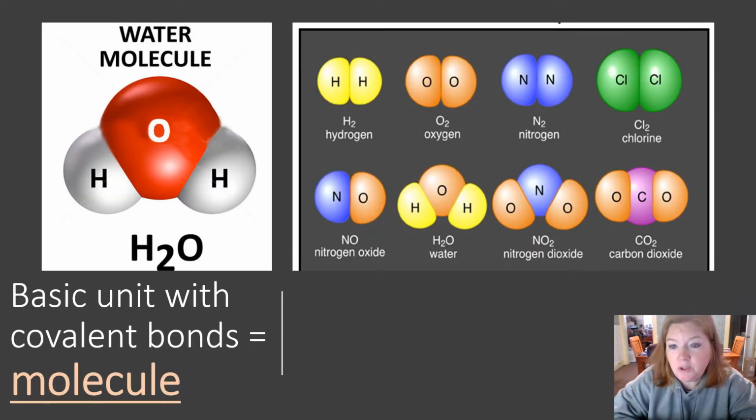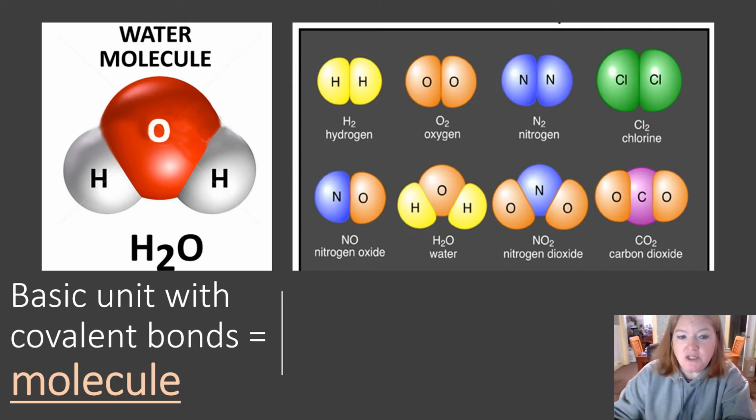The basic unit, if a compound has covalent bonds, is called a molecule. But we can also refer to diatomic elements as molecules because they have covalent bonds. So this is a hydrogen molecule with two hydrogen atoms.